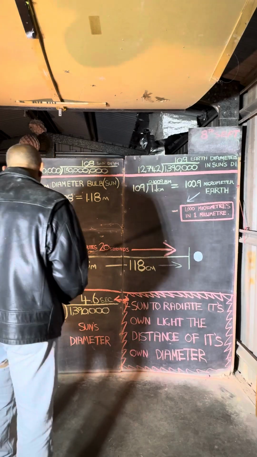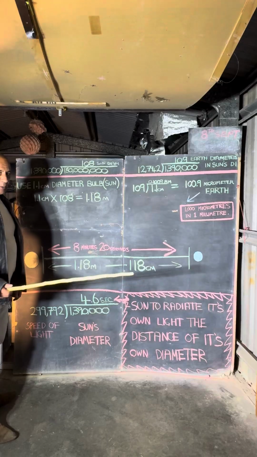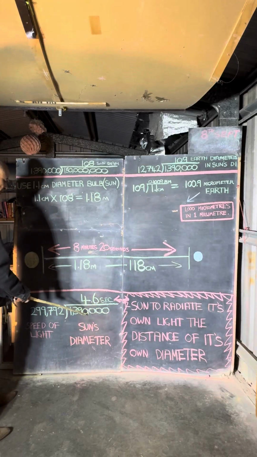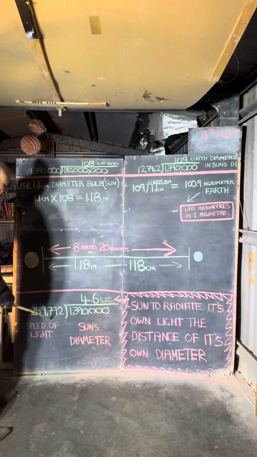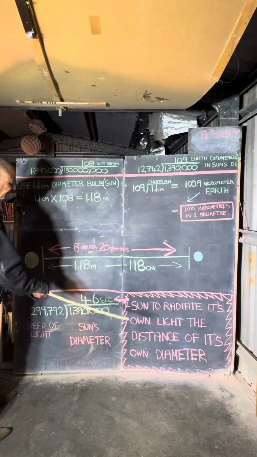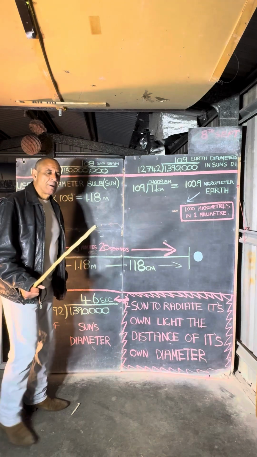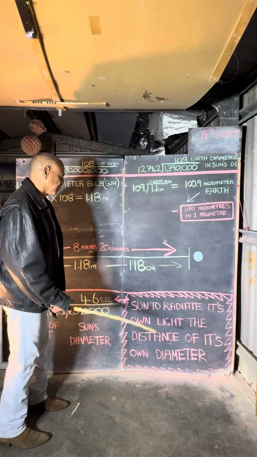Right, now, according to the speed of light, if we divide the sun's diameter by the speed of light, we get 4.6. I liked this stick. 4.6 seconds.